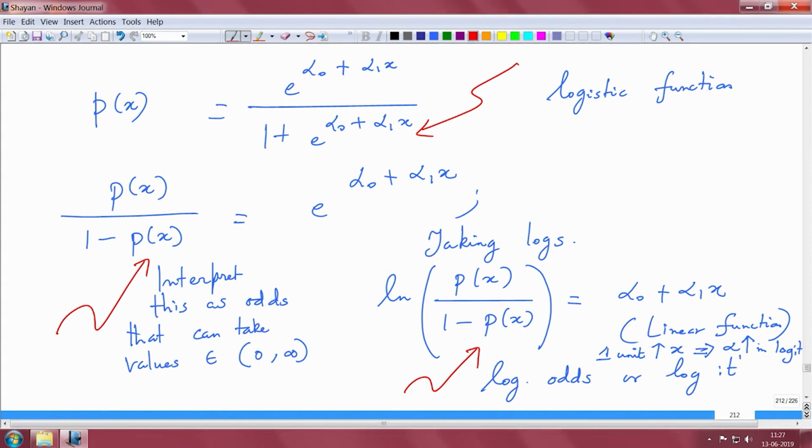Now, taking the logarithm, log of p of x upon 1 minus p of x can be written as alpha naught plus alpha 1 x.